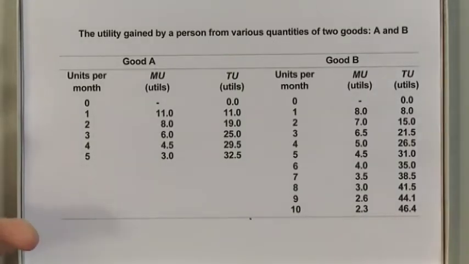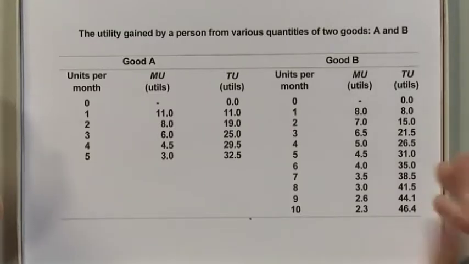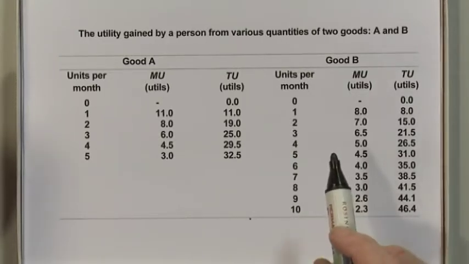If you had zero prices, limitless income, you would simply wish to buy all you could of both goods until marginal utility is zero.